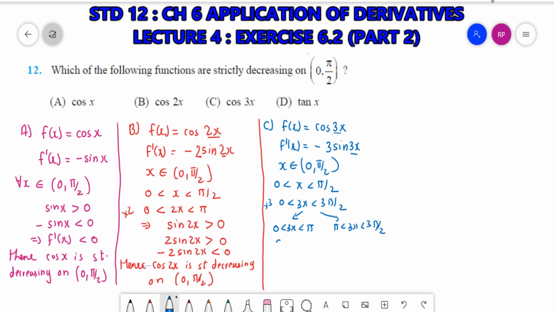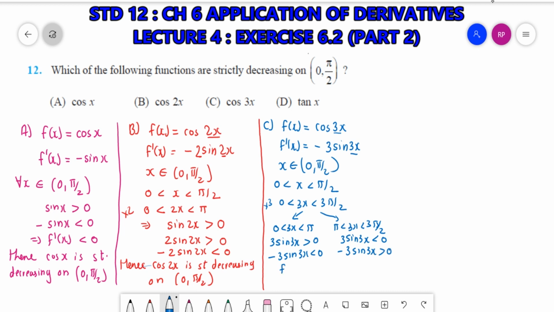In this, sin 3x will be greater than 0 because it is the first and second quadrant, that means 3 sin 3x greater than 0. Therefore minus 3 sin 3x less than 0. When I take this, sin 3x is in the third quadrant, less than 0, negative, so 3 sin 3x will also be negative. So minus 3 sin 3x will be greater than 0.